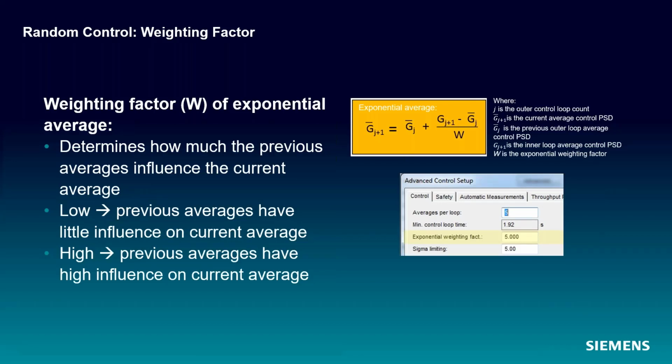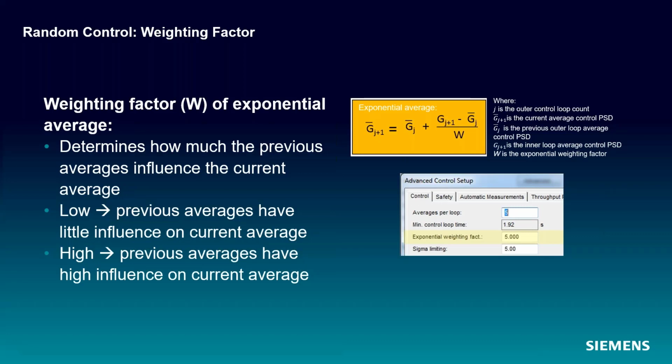And then once we take that stable average, we dump the control channel into this exponential factor and apply this weighting factor. The reason we use exponential weighting is it's a great way for the controller to learn how the DUT is going to react.